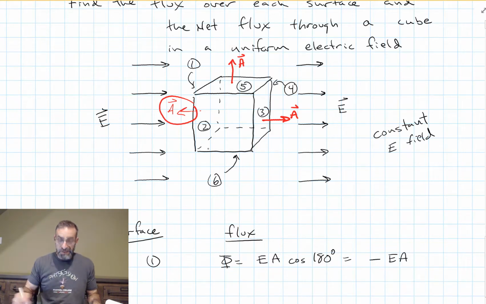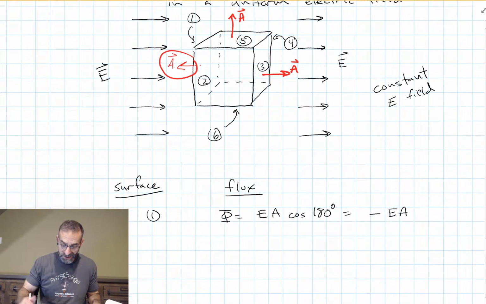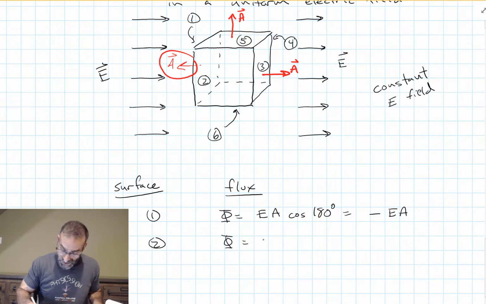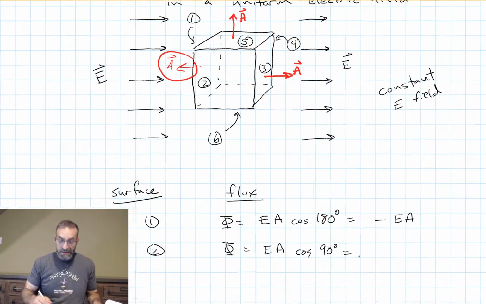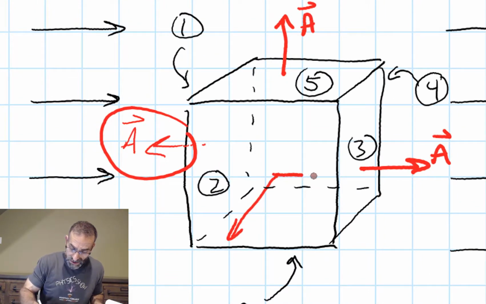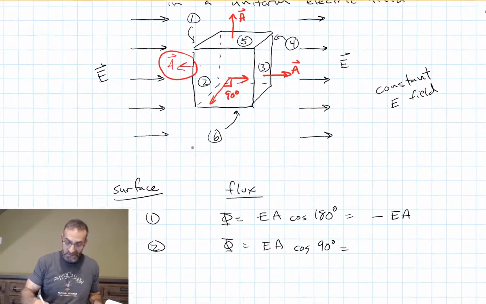We're just going to call the surface of each side A and the electric field E. For surface 2, I've got the electric field times the area times the cosine of 90 degrees, because the area vector points outward from that surface and the electric field points that way, and we have a 90-degree bend between them.